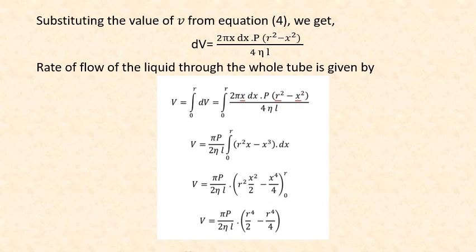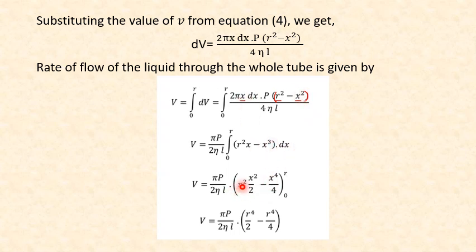So multiply x inside the bracket and take dx here, with the remaining terms outside. We get pi p divided by 2 neta L, integration from 0 to r of r square into x minus x square into again x, which is x cube, into dx.